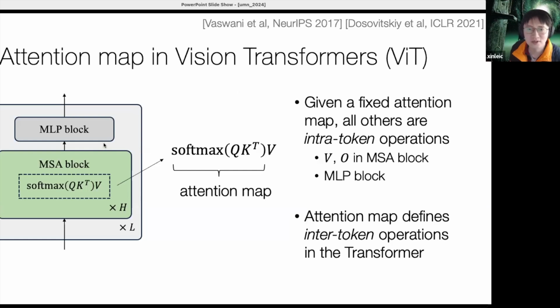Of course, the student can learn to ignore that, or it can also learn to leverage that information. But the information is there: the teacher says the attention map tells me that when you do the computation, please pay more attention to that token, that location.